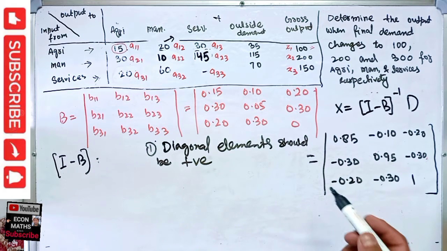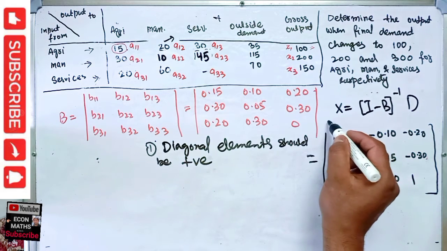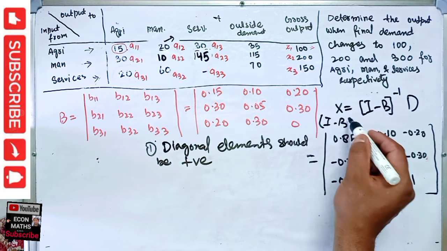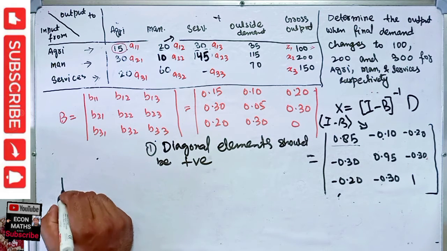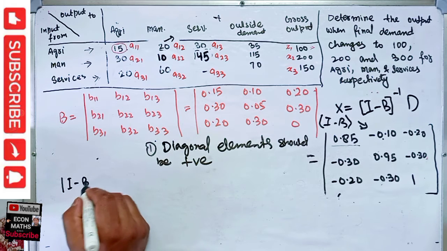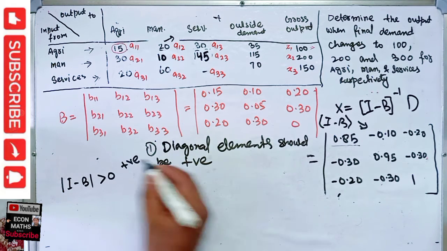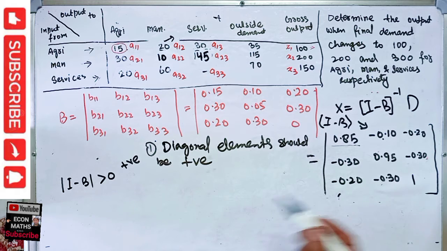The second condition is that, since this is our I minus b, so I will write here I minus b, the determinant of this matrix, that is I minus b, should be greater than 0, or it should be positive. So we have to find the determinant of this matrix. How do we find the determinant?